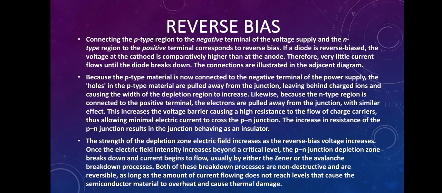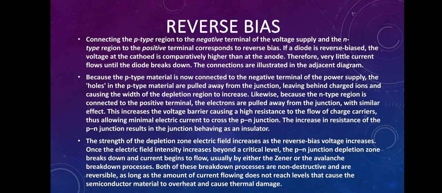Because the p-type material is now connected to the negative terminal of the power supply, the holes in the p-type material are pulled away from the junction, leaving behind charged ions and causing the width of the depletion region to increase. Likewise, because the n-type is connected to the positive terminal, the electrons are pulled away from the junction with a similar effect.